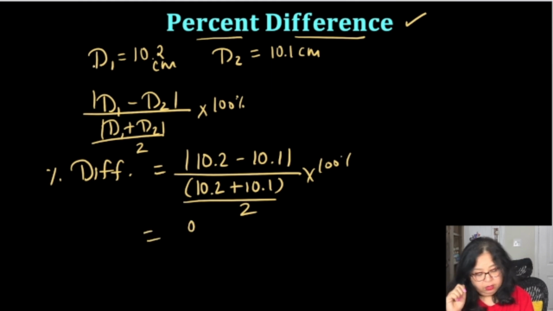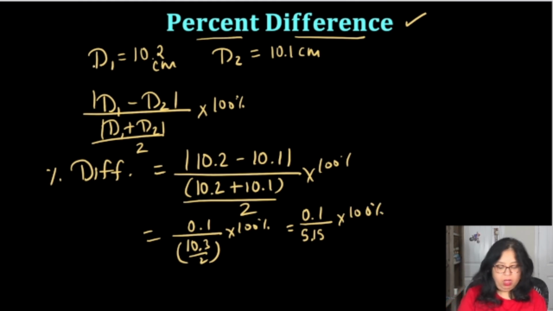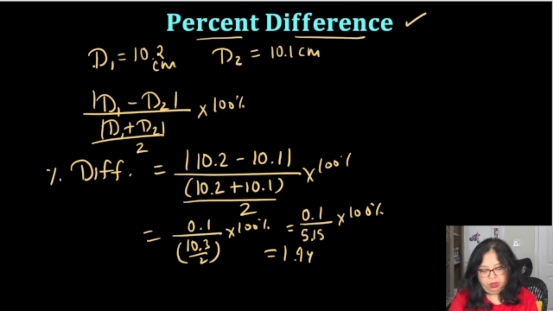What do I get? 0.1 divided by 10.3 divided by 2, times 100%. That is 0.1 divided by 5.15 times 100%. Now I think I would use a calculator. 0.1 divided by 5.15 times 100 gives me 1.94%.